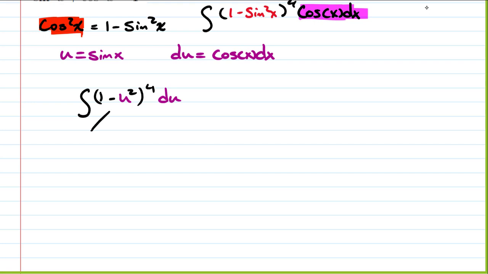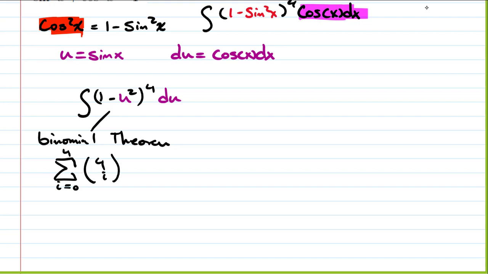So in our binomial theorem, this is going to be the sum as i goes from 0 to 4 of 4 choose i times 1 to the 4 minus i times negative u squared to the i.